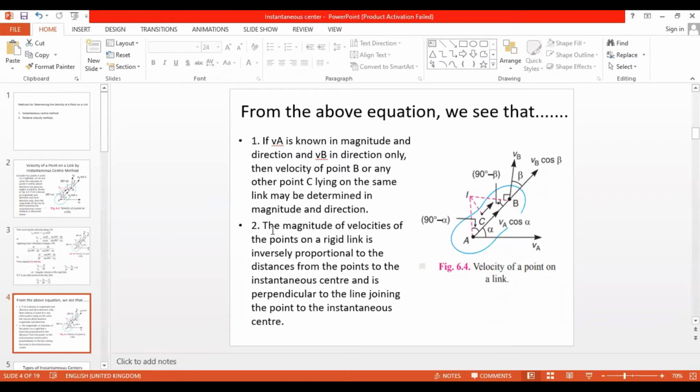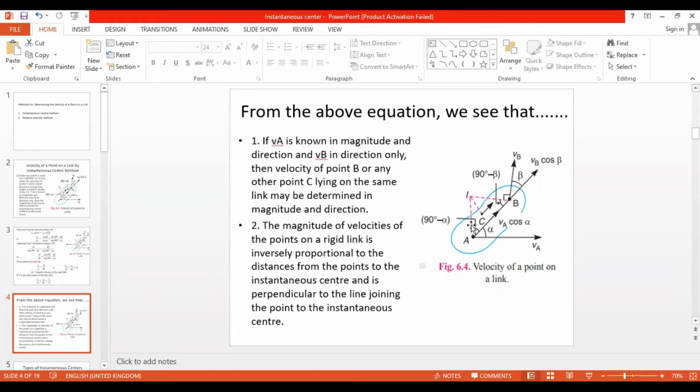The next conclusion: the magnitude of velocities of the points on a rigid link is inversely proportional to the distances from the points to the instantaneous center, and is perpendicular to the line joining the point to the instantaneous center. Okay. So here AB, this is a link. VA is the velocity. So the direction perpendicular to VA is this direction.